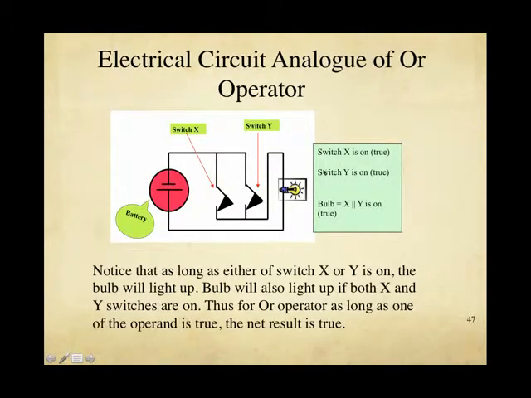This is the electrical analog of the OR operator. It's just an analog. Your transistors don't have this massive battery and bulb and all those things.